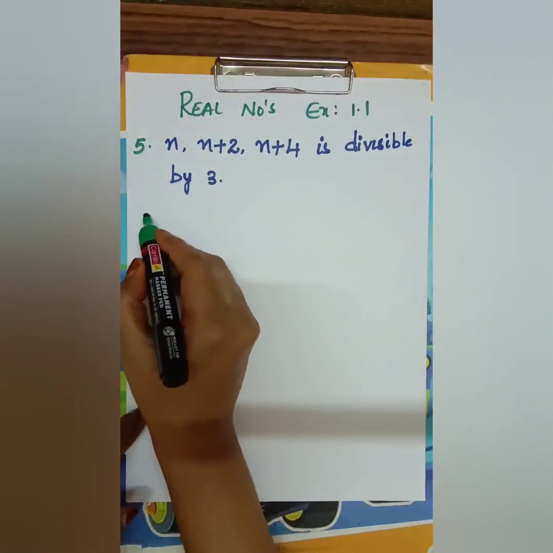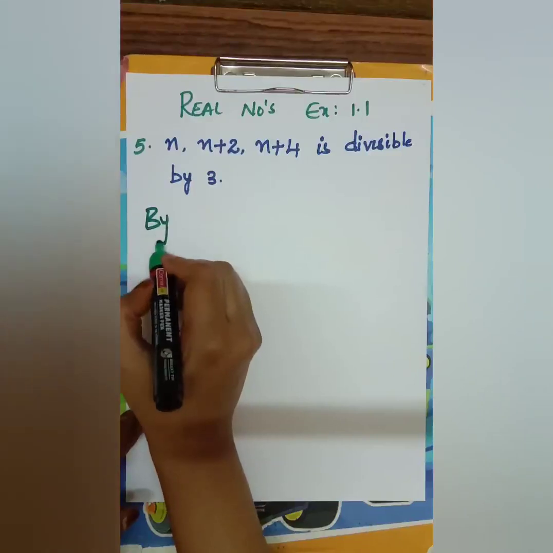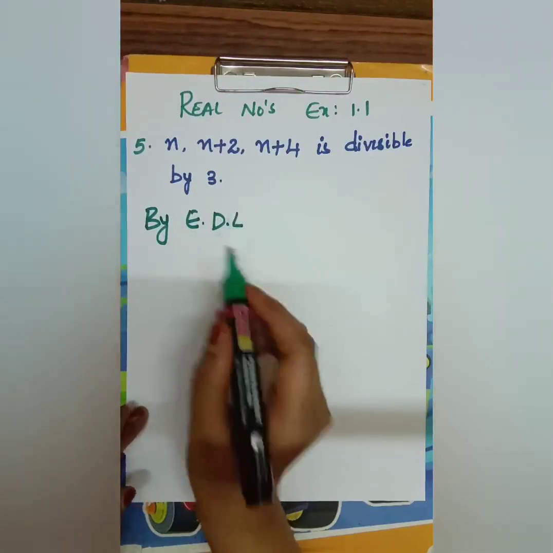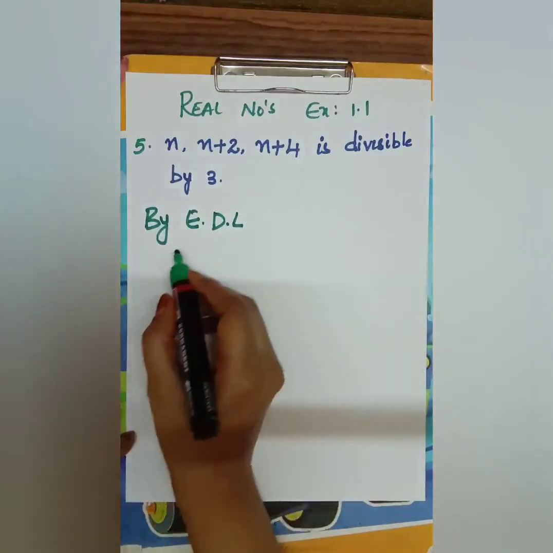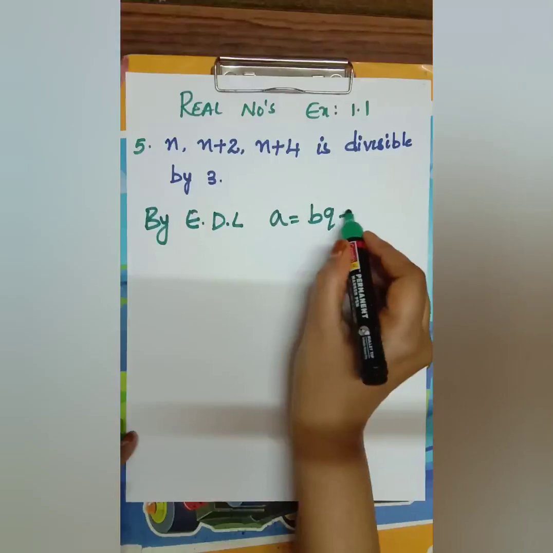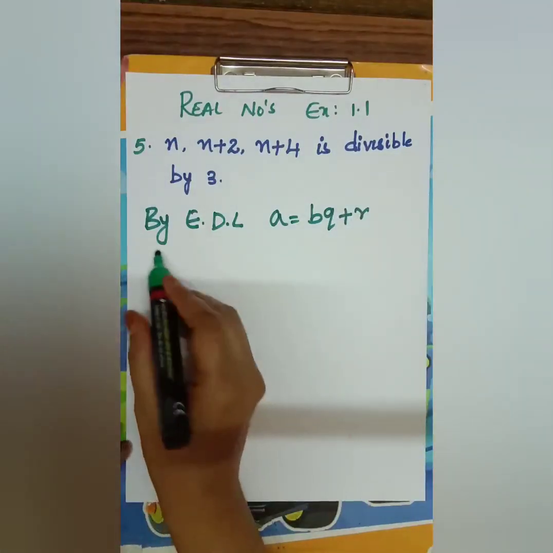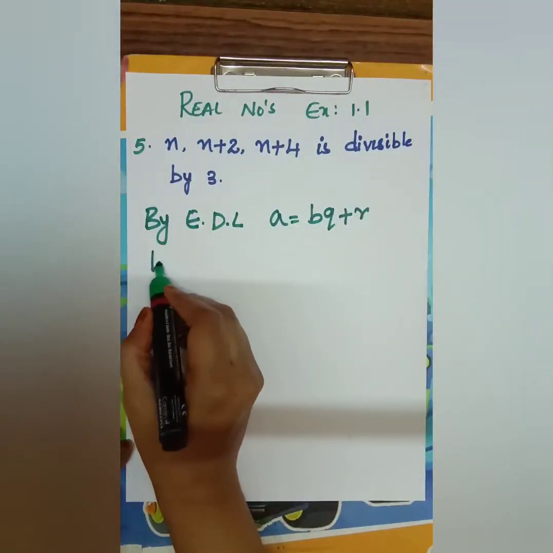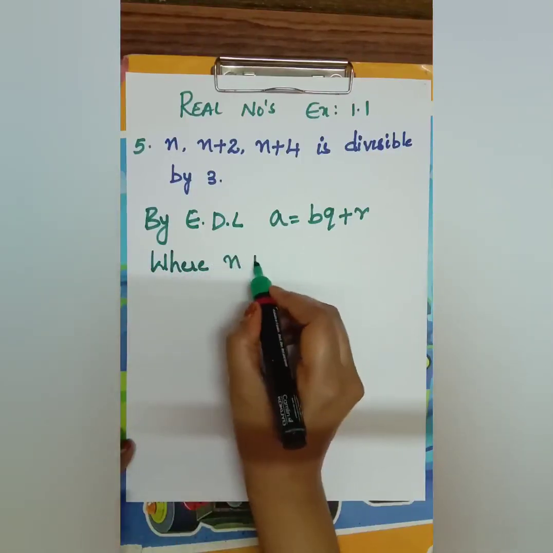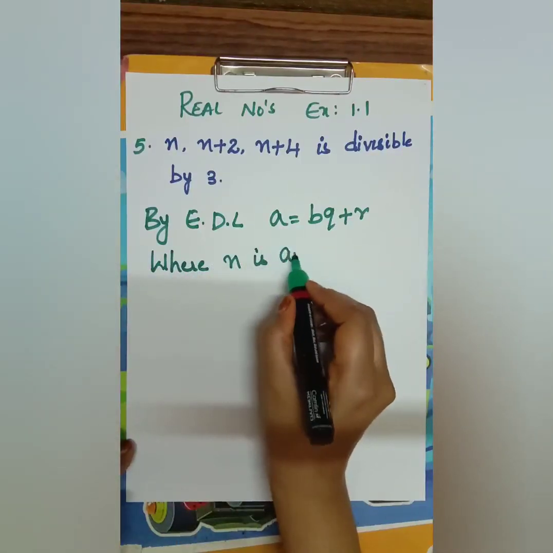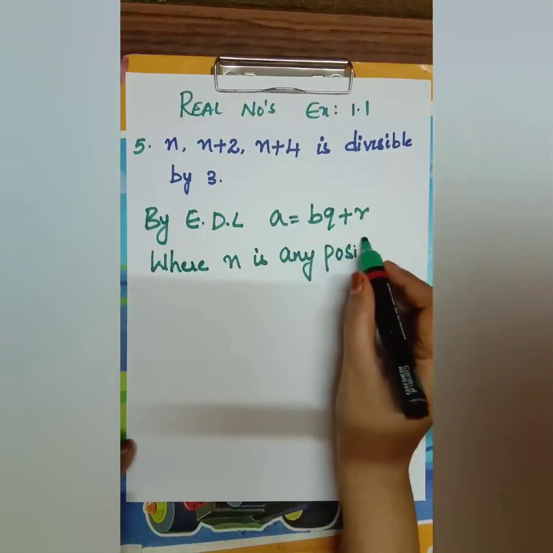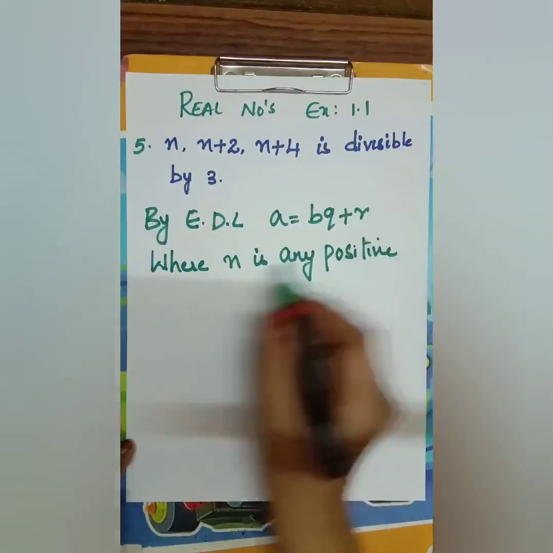Let's begin. By Euclid's division lemma, a is equal to bq plus r, where n is any positive integer.